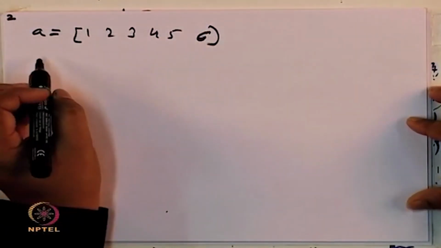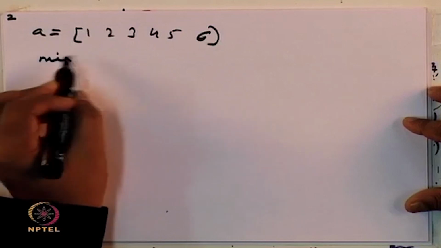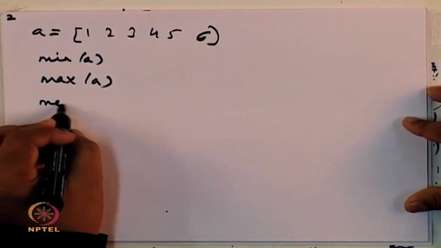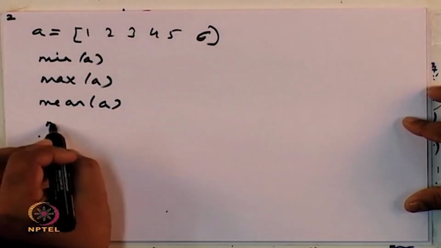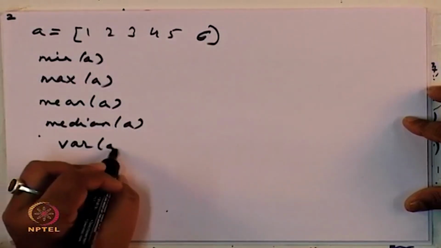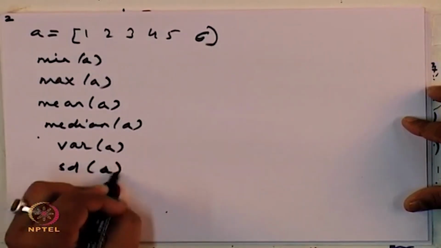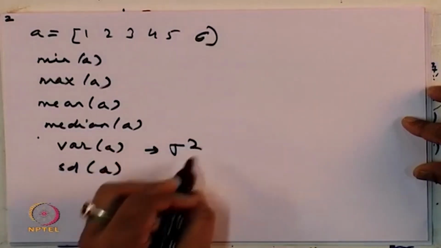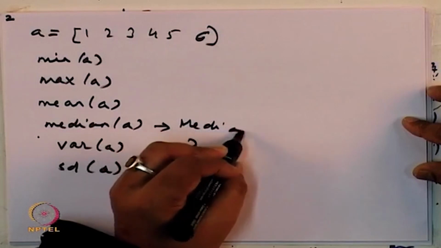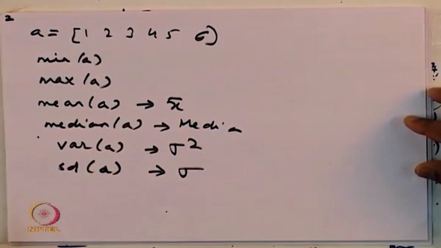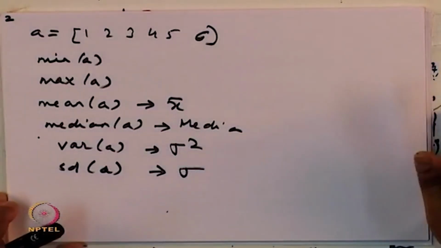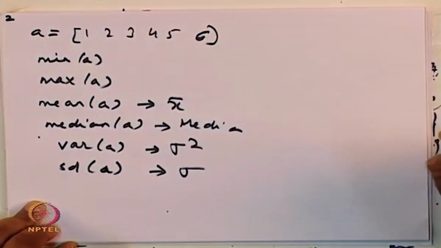You can use essential functions like min of A, max of A, mean of A, median of A, variance of A and SD of A, to get variance sigma square, sigma, x bar, the median, and the mean and max. Okay. These functions will easily allow you to calculate numbers, particularly when these vectors are big or the numbers are big.